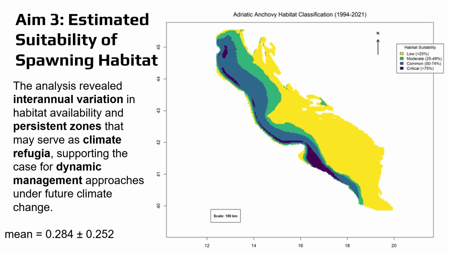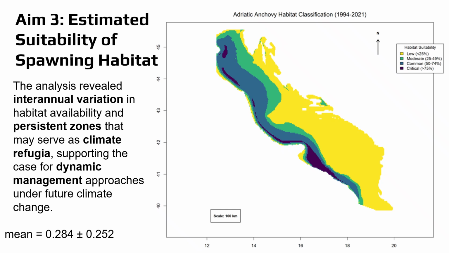And for our third aim, we are able to classify the degree of estimated suitable habitat in the Adriatic based on the amount of interannual variation. So in areas with about less than 25% predicted suitability, we see here in the yellow.